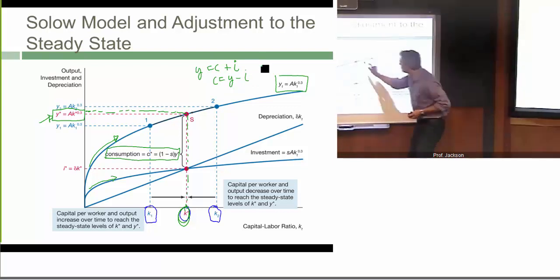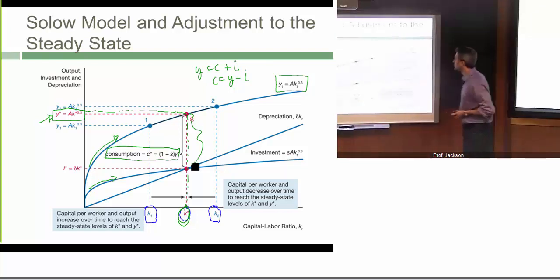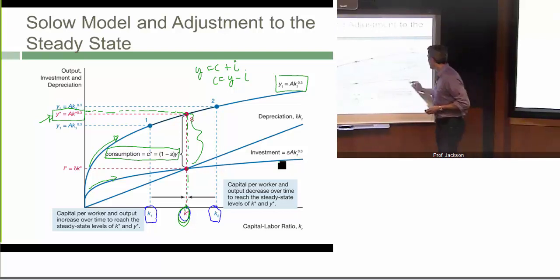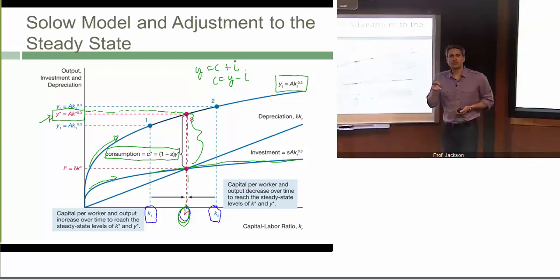So this gap between our production function and the investment function here, that gap represents the amount of consumption at any given level of capital.